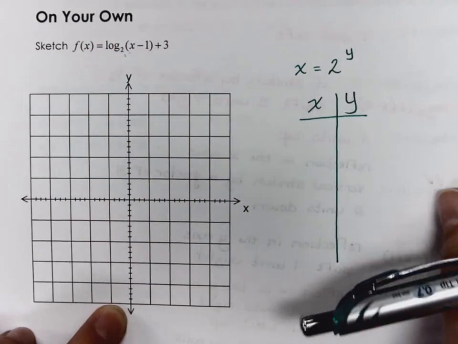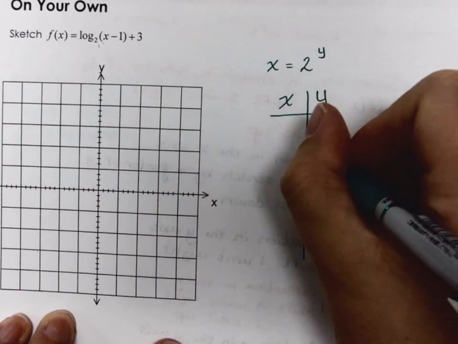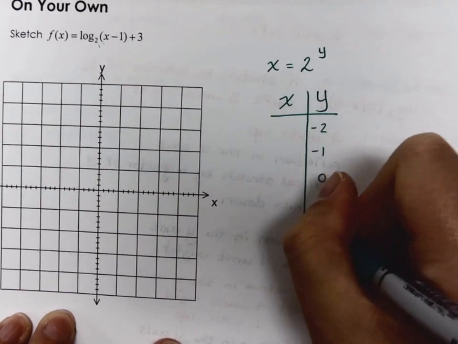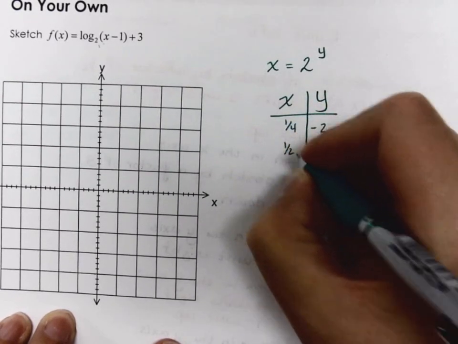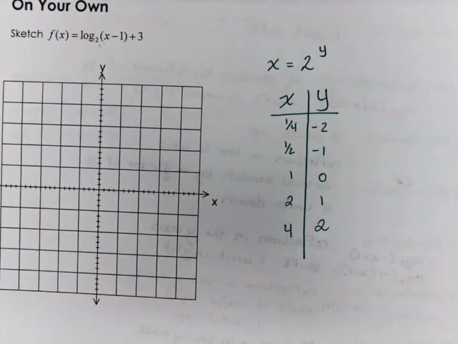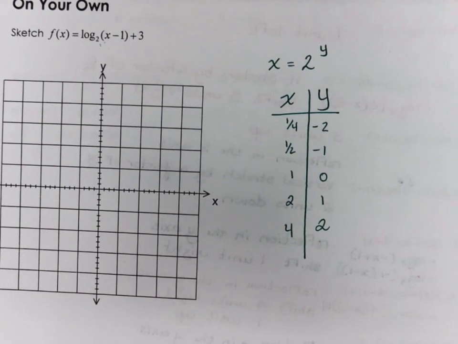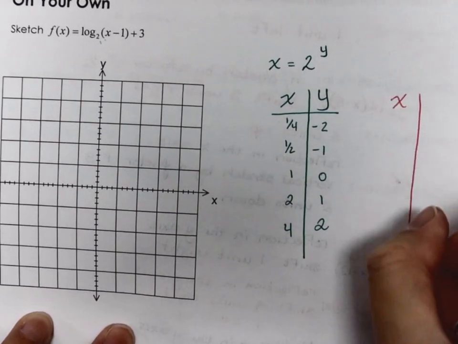This one just doesn't have any transformations in it yet. So I'm making up the y values. And if it's a base 2, nice and easy. Now I'm going to apply my transformations.